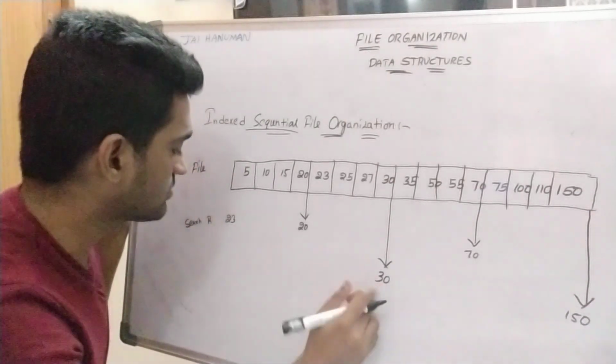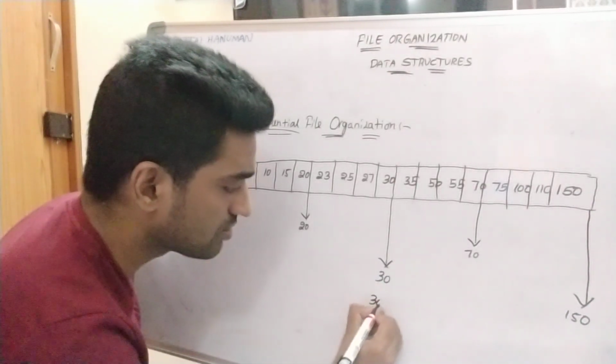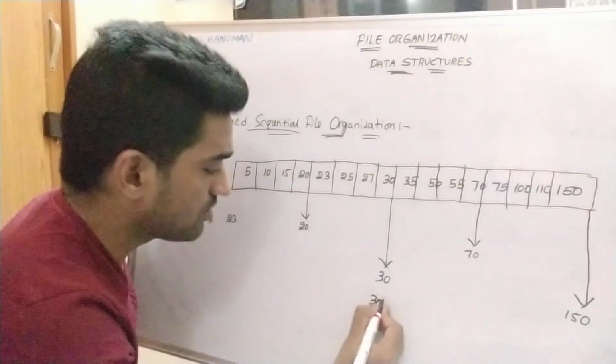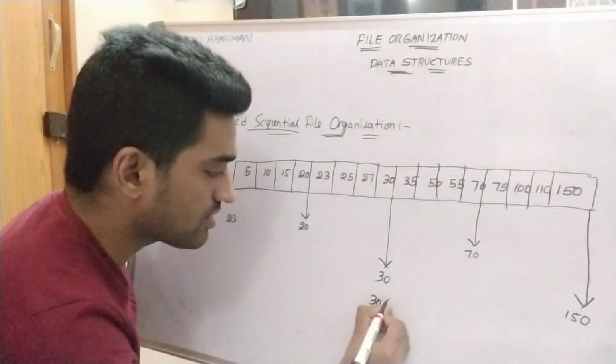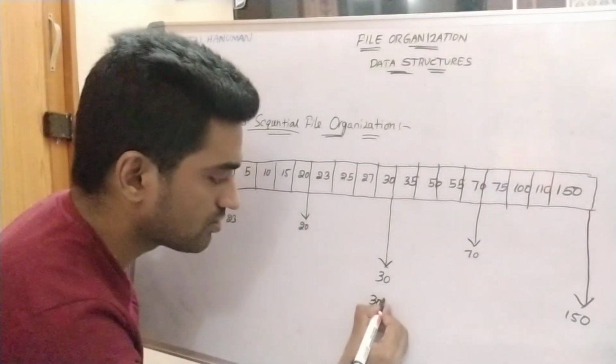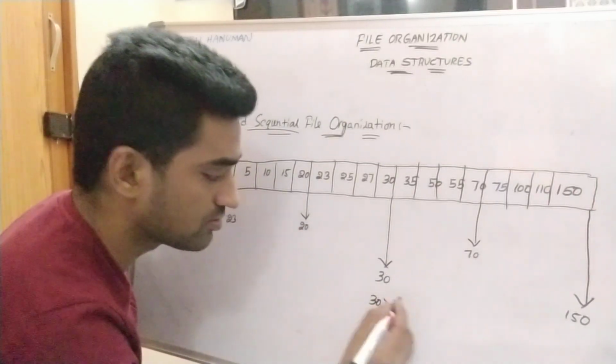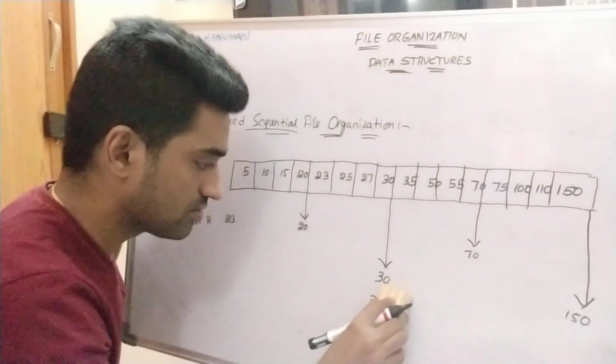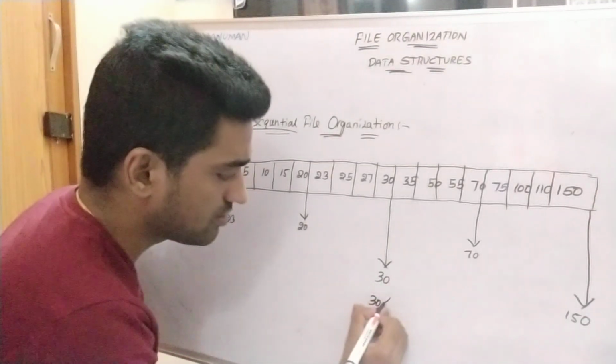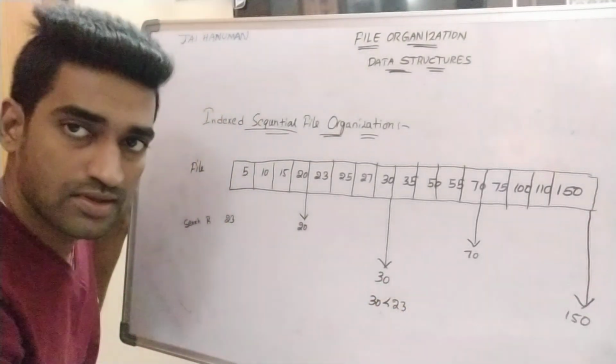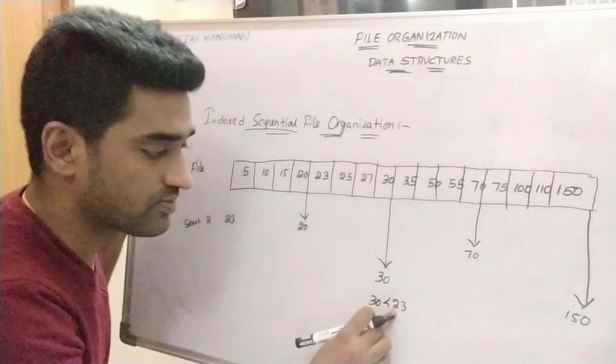So when compared to 30, 23 is less. So when compared to the index value, this is a lesser value, right?